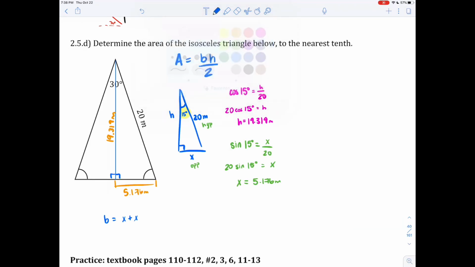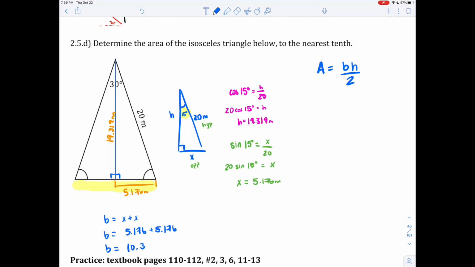Now, like we said before, when I'm trying to find the area of my triangle, I need the base side length. The base spans right across the bottom, so if half of it is 5.176 meters, I know that the whole of it is that value added to itself, because it's twice as long, giving me 10.352 meters.